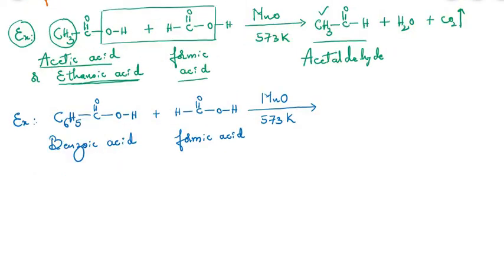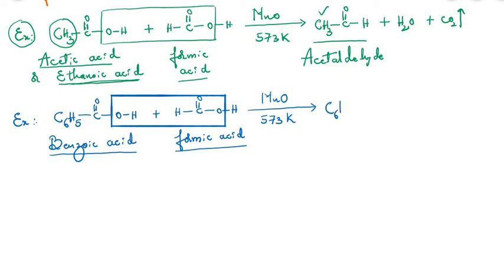So in the next example, we are using benzoic acid, which is having the formula C6H5 C double bond OH, and the other acid is again just like the first two examples, that is formic acid. Here also the same thing, OH group of benzoic acid is lost along with the formate group of the formic acid, and we will be having C6H5 C double bond OH.